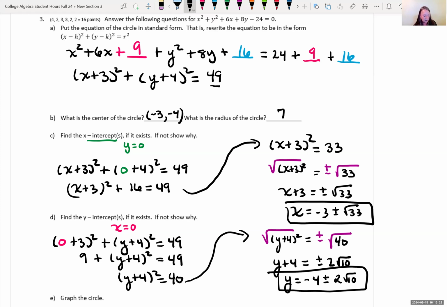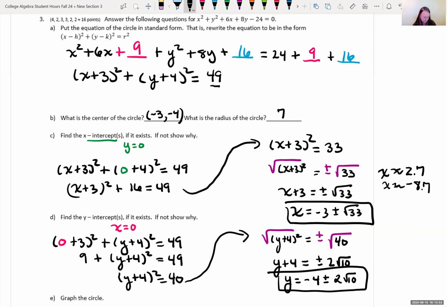If you want to get an estimate, we can plug that into the calculator. That might help us with graphing it a little better. So -3 plus the square root of 33 from the x-intercepts above would give me approximately, x is approximately 2.7. If I did -3 minus the square root of 33, I get approximately -8.7.